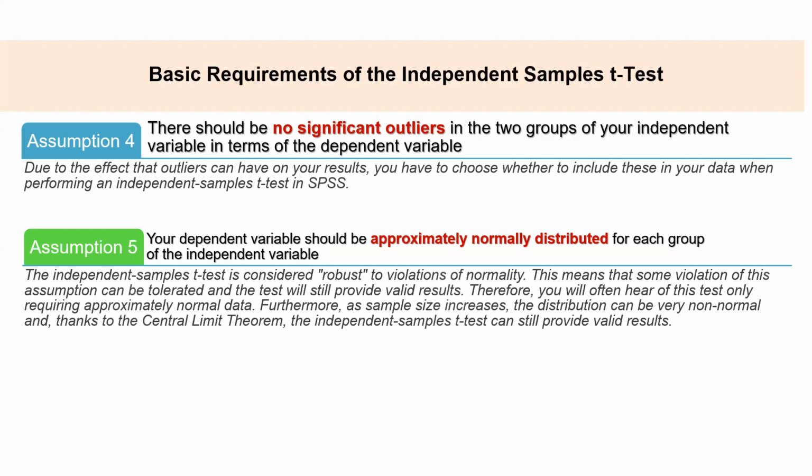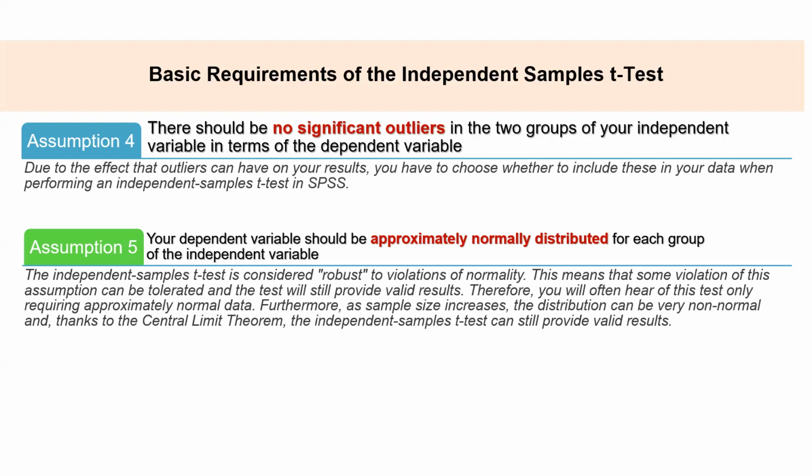The independent samples t-test is considered robust to violations of normality. This means that some violations of this assumption can be tolerated and the test will still provide valid results. Therefore, you will often hear of this test only requiring approximately normal data. Furthermore, as sample size increases, the distribution can be very non-normal.